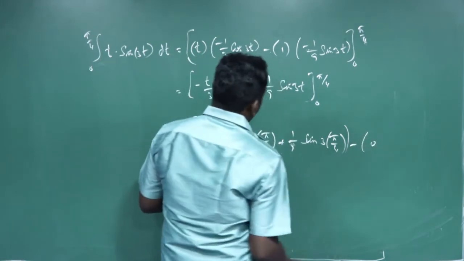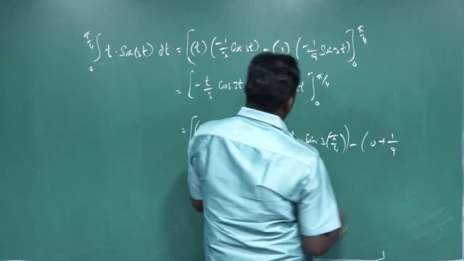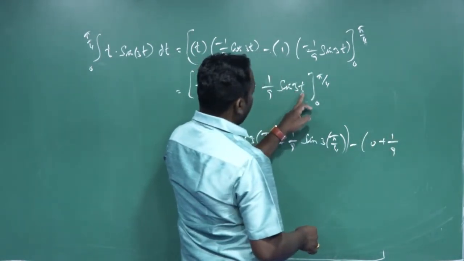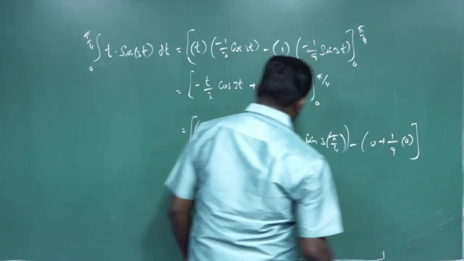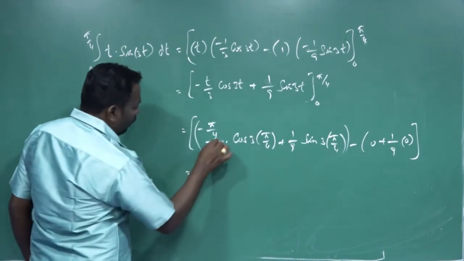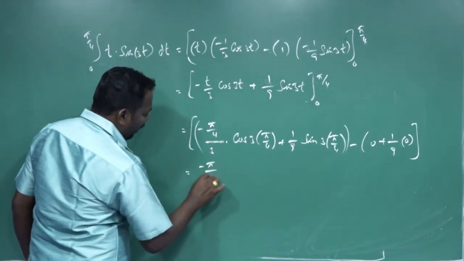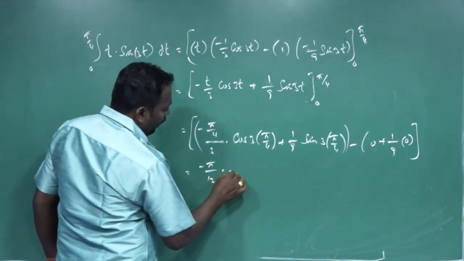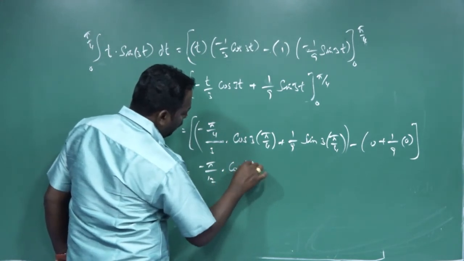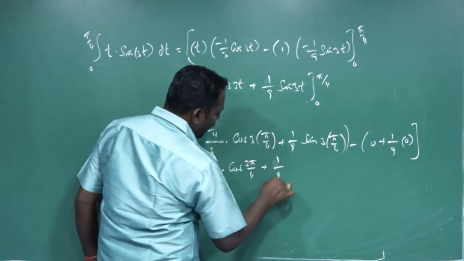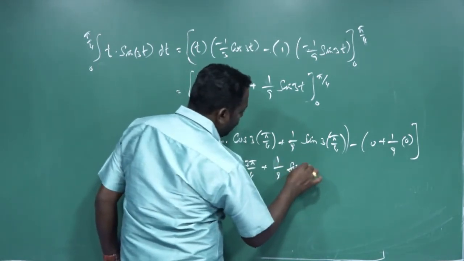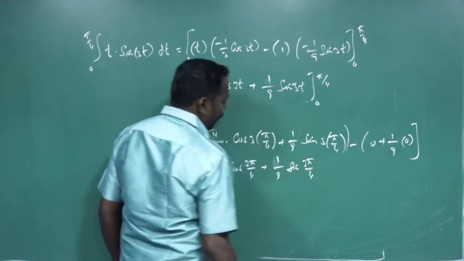First it is 0, then plus 1 by 9 into sin 3 into 0, it is sin 0, sin 0 equals 0. It is simply 0. And that equals, 3 comes in the denominator, minus pi by 12 into cos 3 pi by 4 plus 1 by 9 into sin 3 pi by 4.